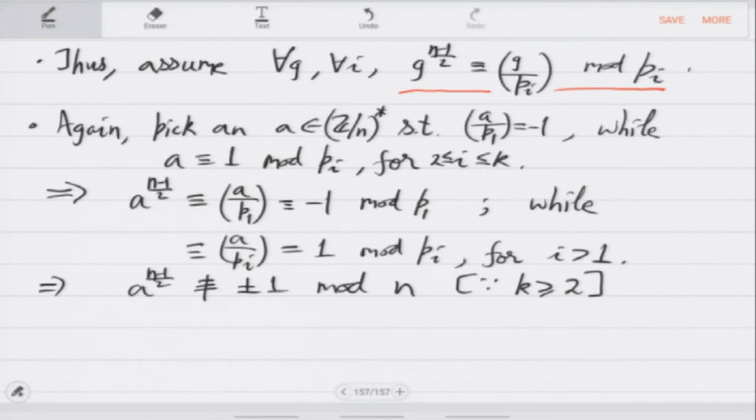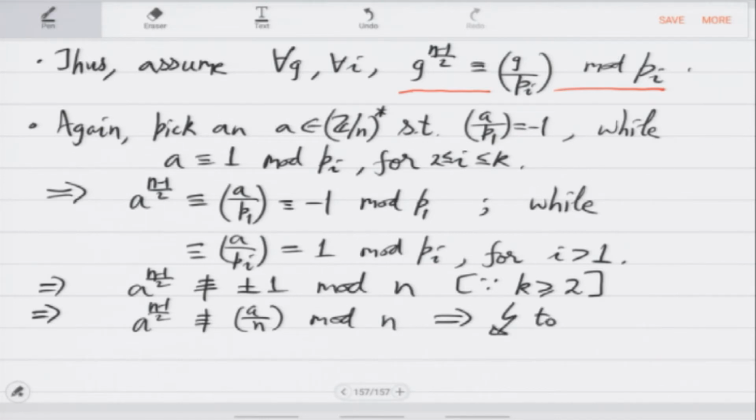Okay, this tells you that A raised to n minus 1 by 2 cannot be plus 1 or minus 1, which means that A raised to n minus 1 by 2 in particular cannot be A by n, which again contradicts.